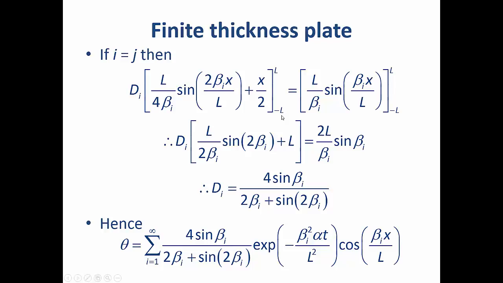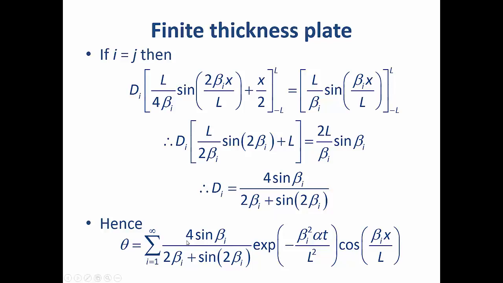So just doing the integration and evaluating between the limits minus L and plus L, when we work that through we end up with di equals 4 sine beta i over 2 beta i plus sine of 2 beta i.